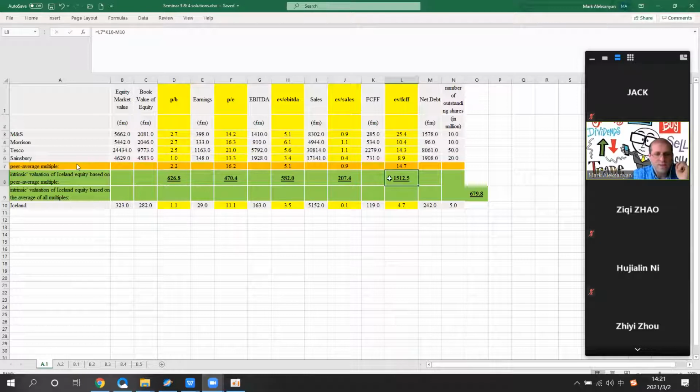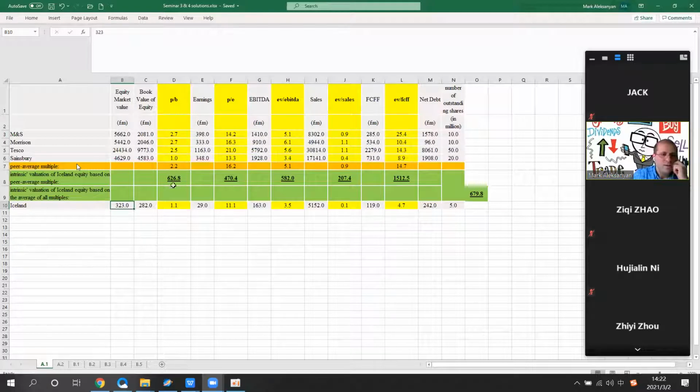And if you then compare these estimates with Iceland's actual current market capitalization, you will see that for the vast majority of our valuations, it looks like Iceland is currently undervalued, or cheap, or underpriced, right? Because it's currently trading at 323 or so million pounds, its market capitalization.